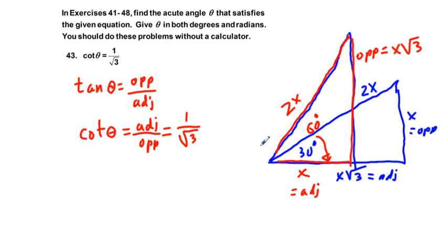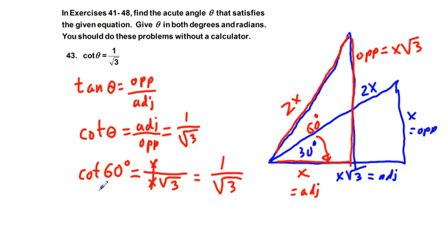So let's look at this red one here. If we have adjacent over opposite, we're going to say cotangent of 60 degrees, and we're talking about this red triangle now, it's going to be equal to adjacent over opposite, where our adjacent side is x, and our opposite side is x square root of 3. And so x over x cancel, so we have 1 over square root of 3.